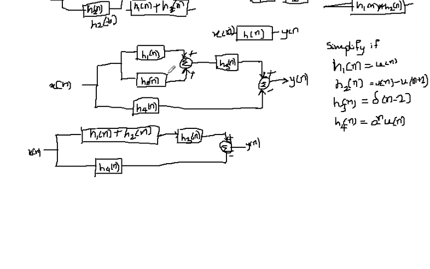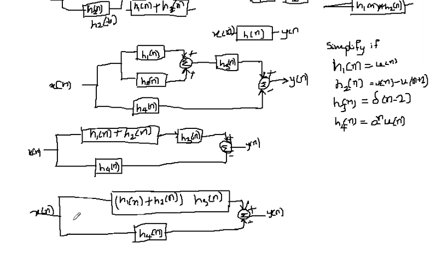When we solve this h1 and h2, the parallel combination, the diagram looks in this way. Now here h1 and h2, this combination, can be thought of as a single function and single signal. We can go for solving this one. The solution becomes h1 of n plus h2 of n in convolution with h3 of n.